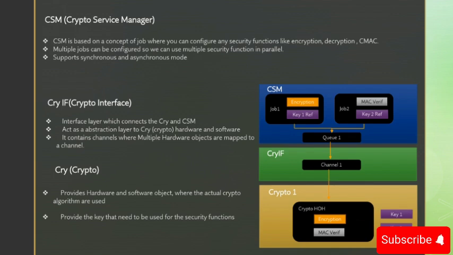Here the crypto hardware object has two primitives basically. One is for encryption and another is for MAC verification, and it has two keys which are already referred to in the CSM. So this is how the message flows from the CSM to the Cry layer.